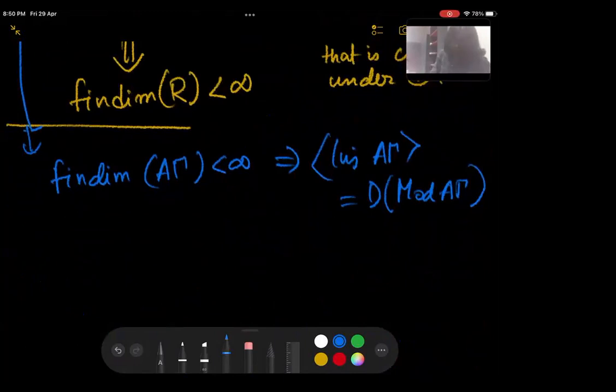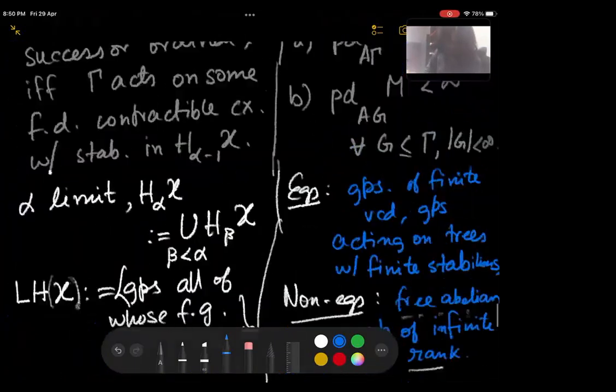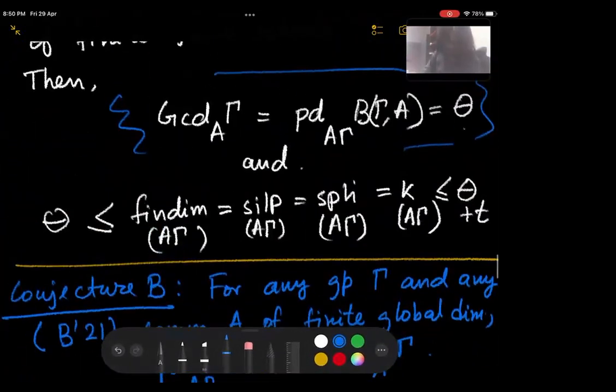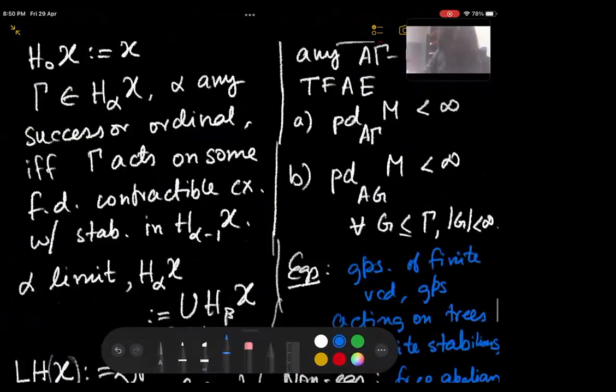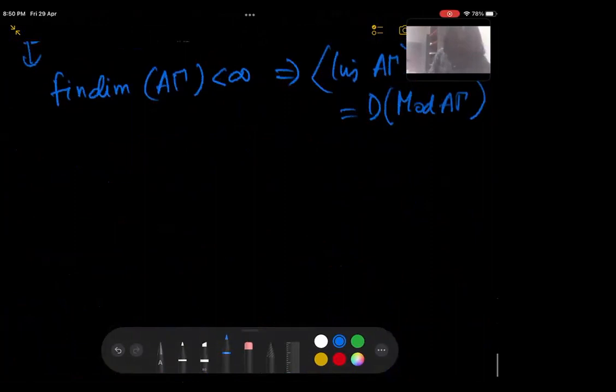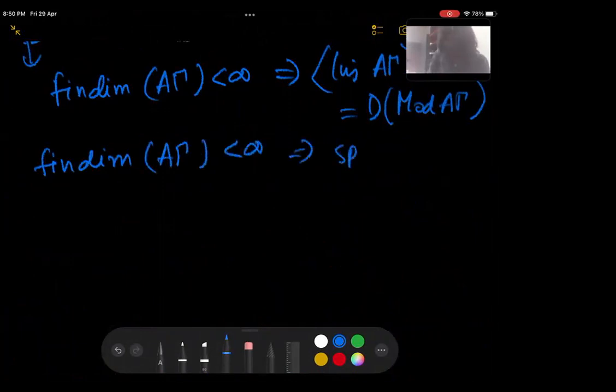So how do I prove this using cohomological invariance? Well, we know from my result earlier that the findim coincides with spli in this case. If the findim is finite, that means spli is finite.